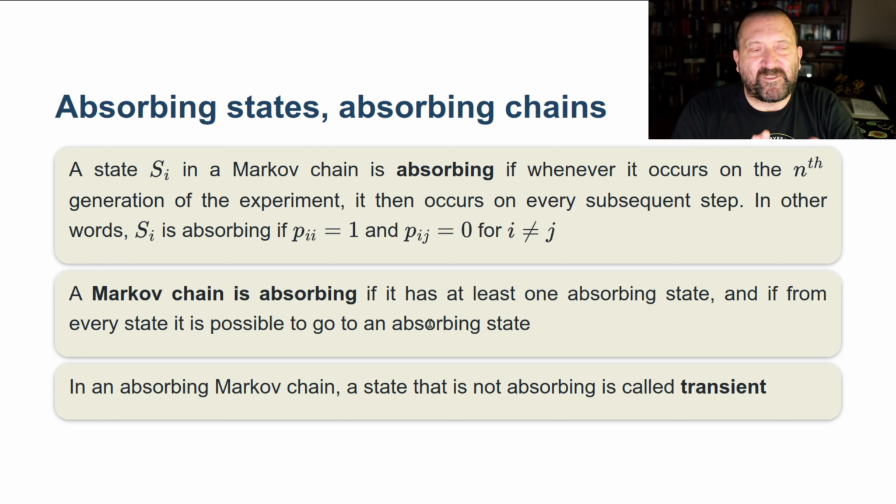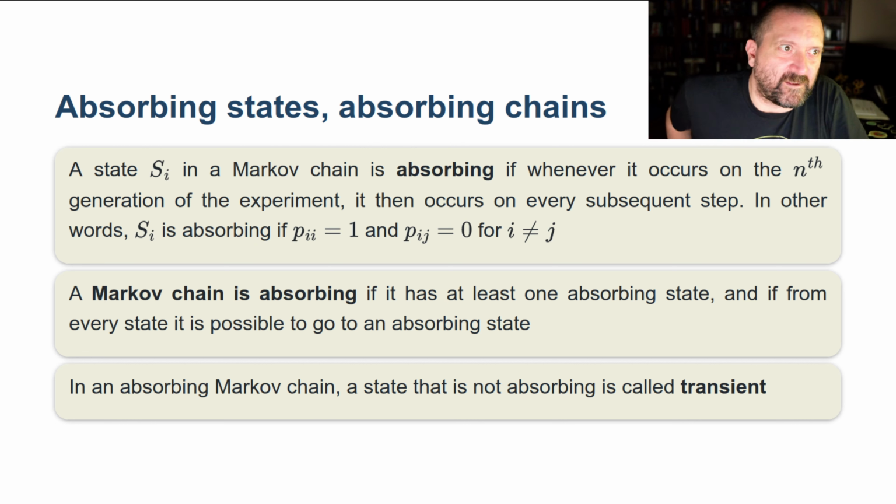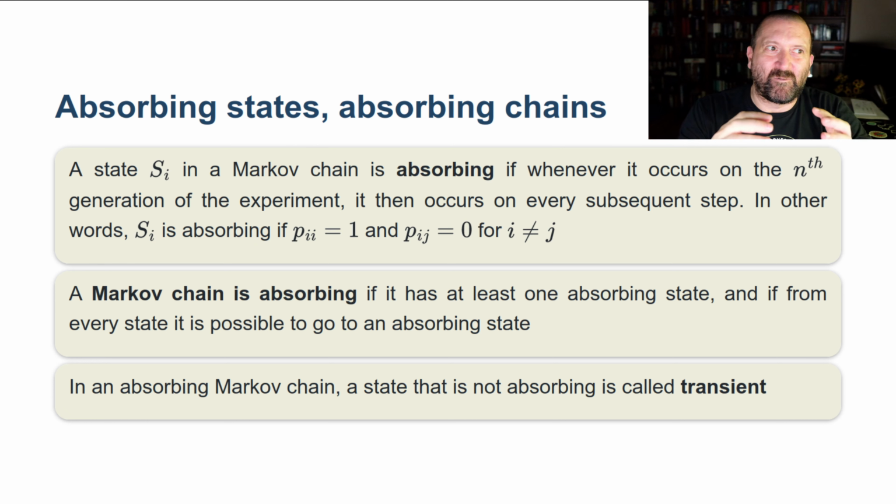And I should say this is a very simple version. I have included 2 types of absorbing chains, and one of the types is slightly more evolved, because you can also have absorbing subgraphs. But here, we're only going to focus on absorbing states.